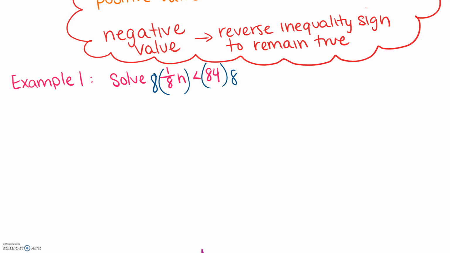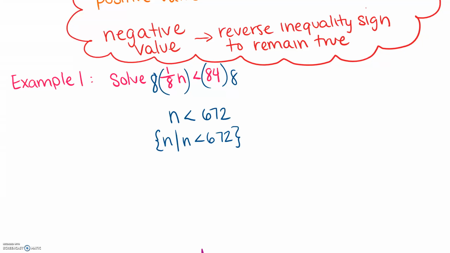That will cancel out my denominator and leave me with n is less than 672. I know from the previous lesson that I have to write my solution in set builder notation. So the set of all numbers n such that n is less than 672, and close my brackets.